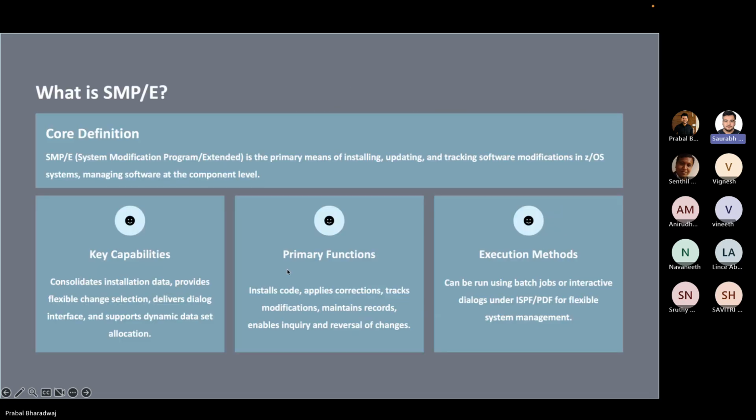We all know a ZOS system is not made up of one program or one individual component. ZOS is made up of thousands of individual components. What are those components? We have load modules, macros, source, and control blocks.